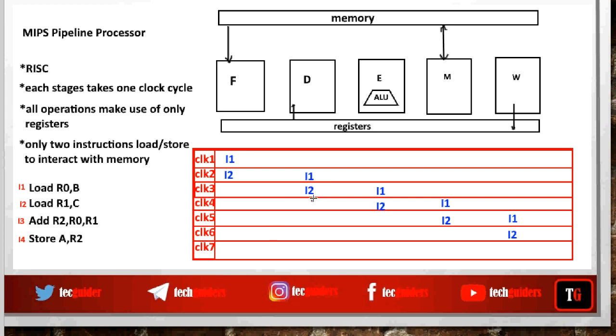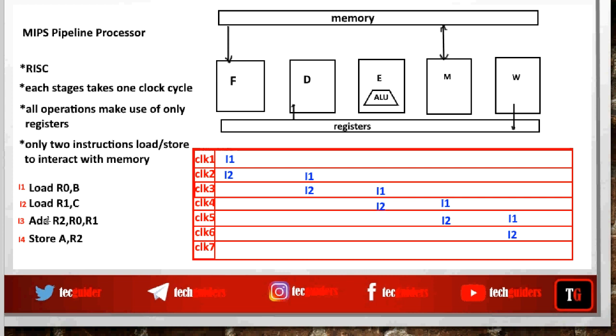Here also we do not have any operand to be loaded from the register, and nothing to execute, no effective address calculation is required. But in the memory stage, we will access the memory to load the operand from the memory location C. And that operand is written to the register in the write back stage.